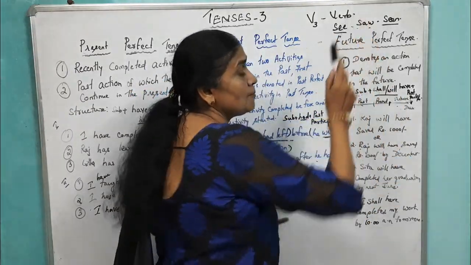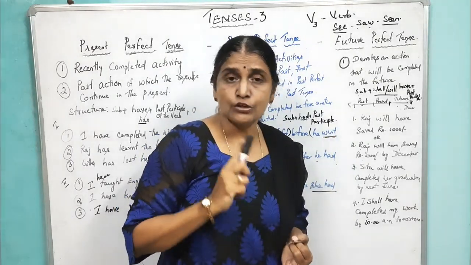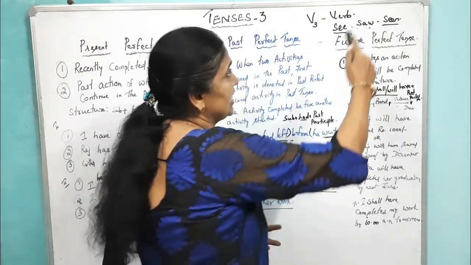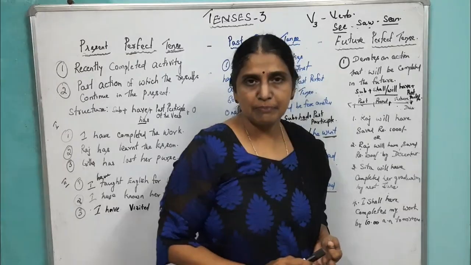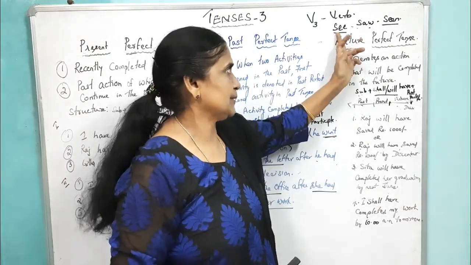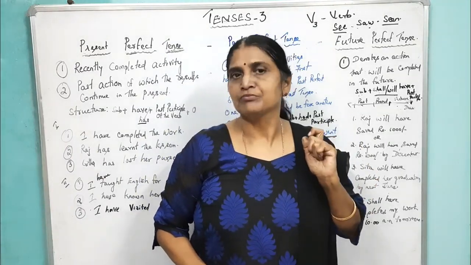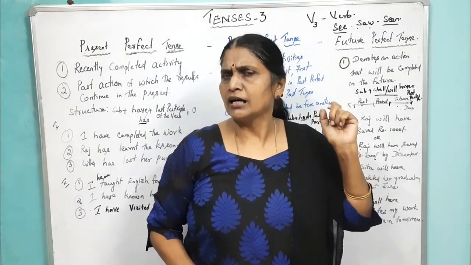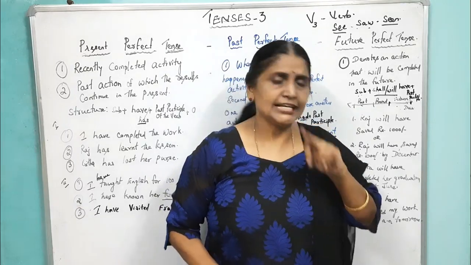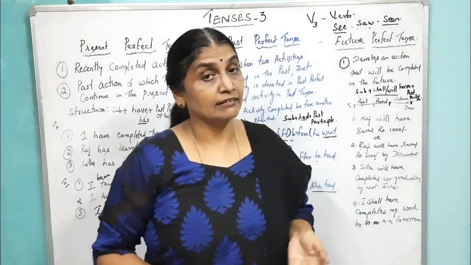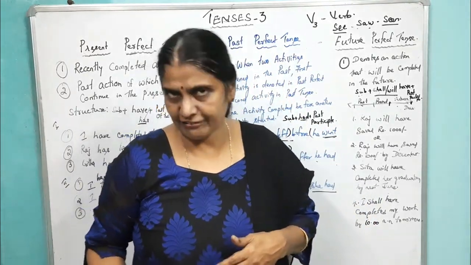Then you have saw, that is the past tense. You call it the V2 form. And seen, this is the past participle of the verb see. Usually, the past participle will take the en form of the verb. For example, take, took, taken, give, gave, given.